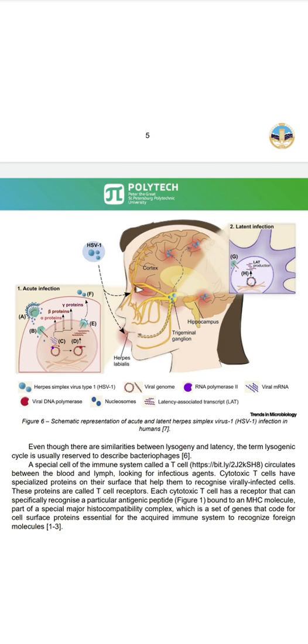Each cytotoxic T cell has a receptor that can specifically recognize a particular antigen peptide bound to an MHC molecule, part of the major histocompatibility complex, which is a set of genes that code for a cell surface protein essential for the acquired immune system to recognize foreign molecules.